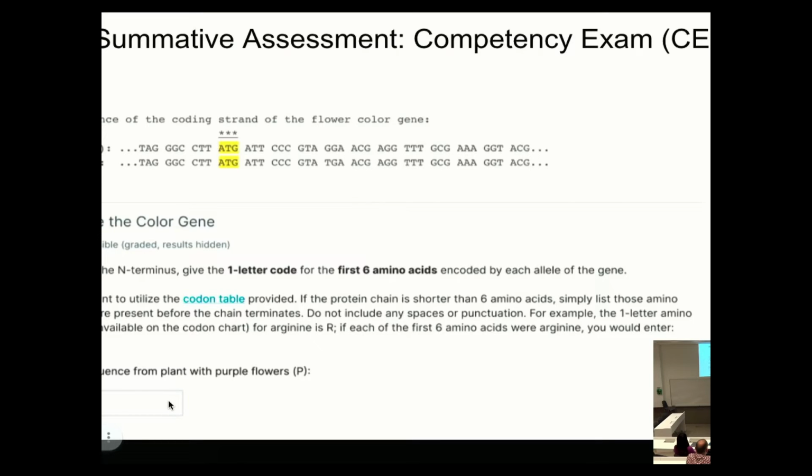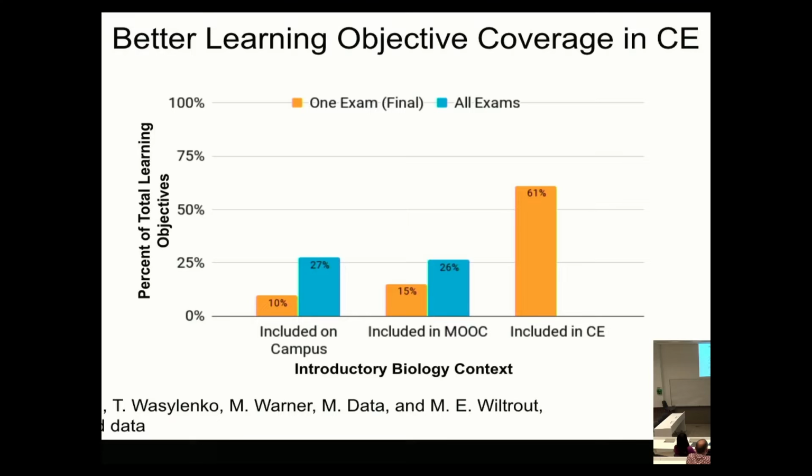And so, did we have better learning objective coverage in this kind of exam than our older models? Here I'm showing that the final exam from one year on campus, that other people wrote, had about 10% coverage of all the learning objectives for the course, versus all the exams even for that semester, it was 27%. And then in the original MOOC, it was kind of similar because we were using a lot of the model of what was done on campus.